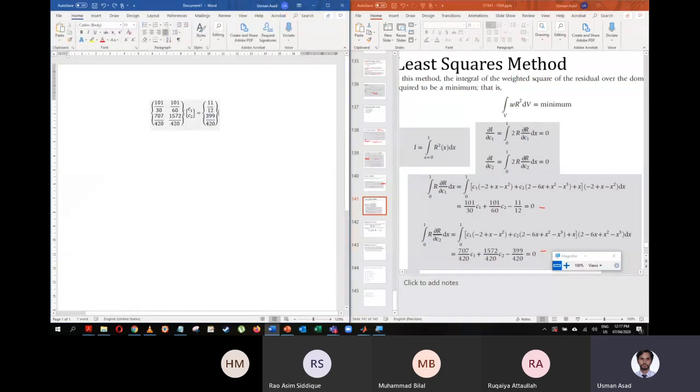So C1 and C2 is just inverse of this multiplied by this, right?